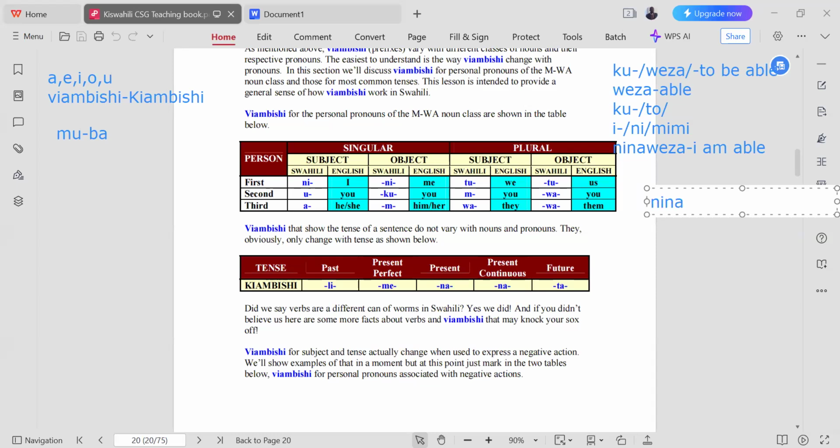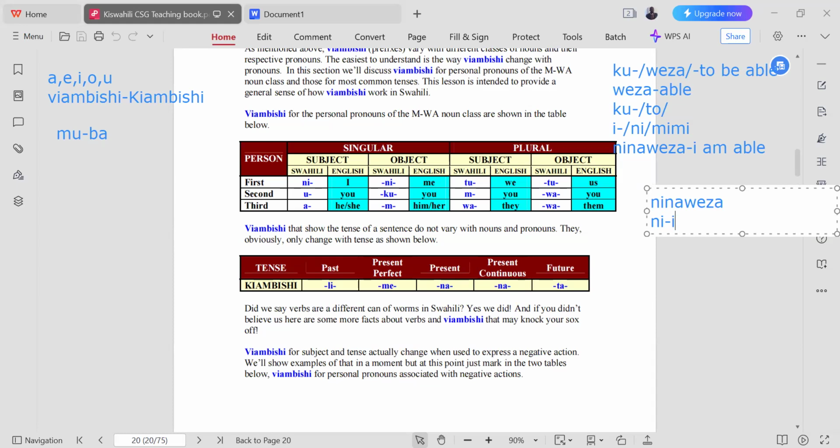In the word ninaweza, your main prefix here is ni. Ni means I. Ni in any word here will mean I in English.